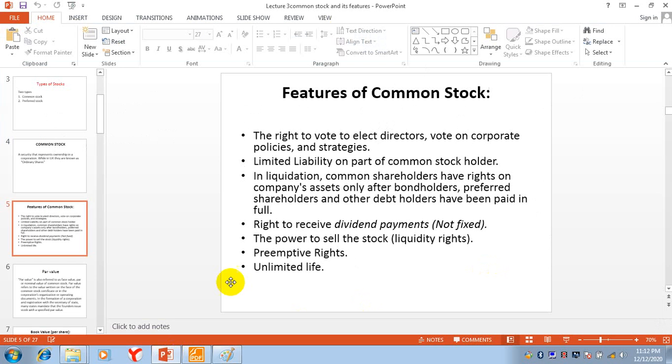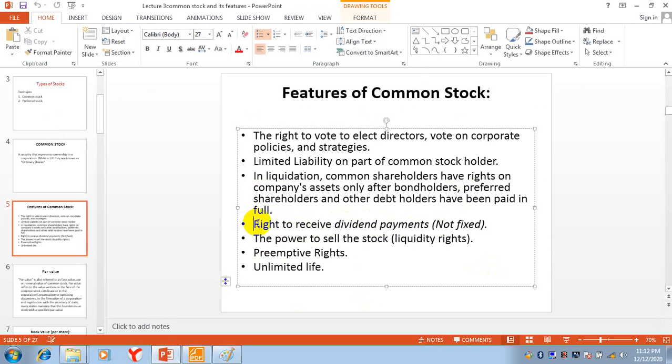So this is the third feature in case of liquidation. Right to receive dividend payments. Common stockholders have the right to receive dividends, but this dividend is not fixed. Preferred stockholders' dividend is fixed, but common stockholders' dividend is not fixed. The power to sell the stock, liquidity rights, is another feature.